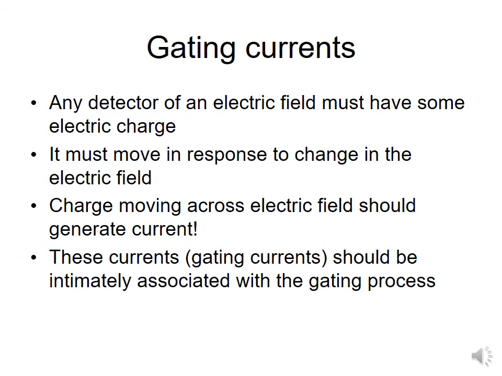So for example, if the cell depolarizes, these amino acids will move towards the extracellular domain of these ion channels. If there is a movement of charge across the electric field, that's equivalent to a current. So many years ago, people postulated the existence of what we call gating currents generated by the movement of these charged amino acids of the voltage sensor domain of these ion channels.